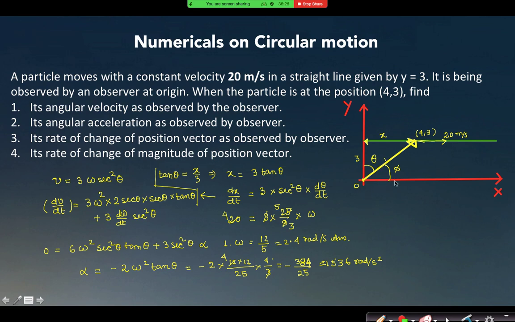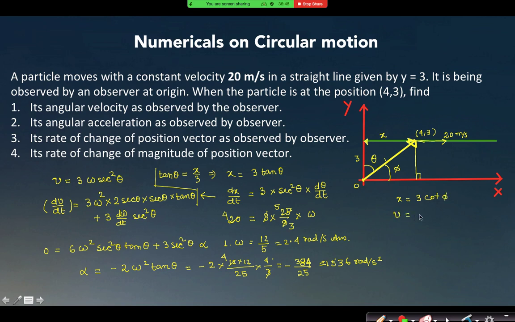If you just try to solve it, you can check it. If I write phi as a function of x, can I say that tan phi is equal to 3 by x? So x equals 3 cot phi. Then what is dx by dt?